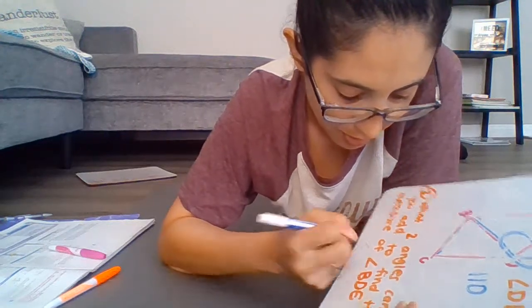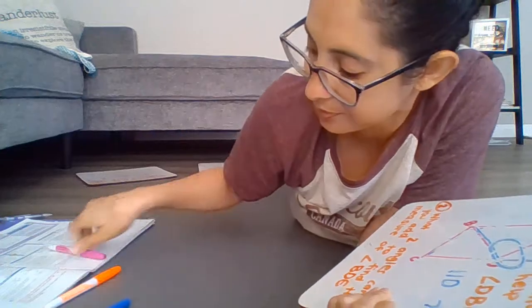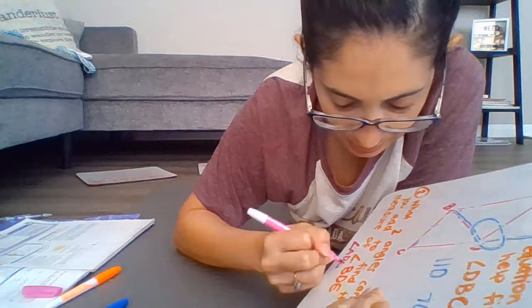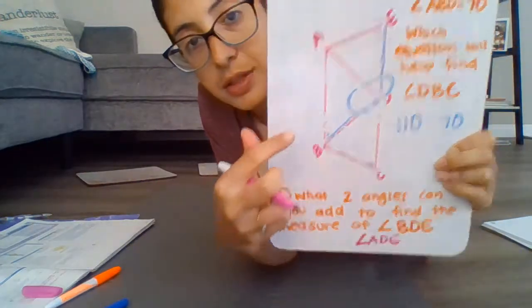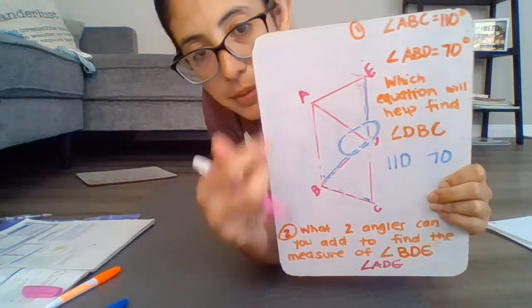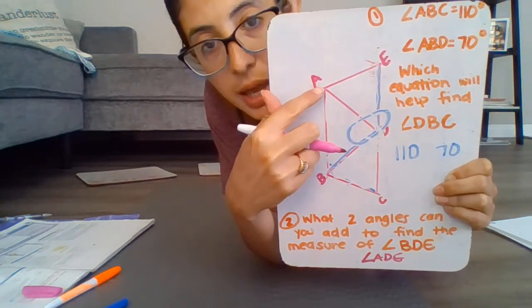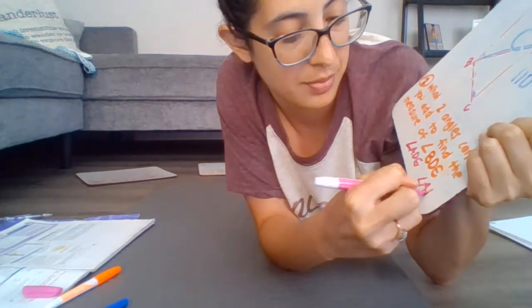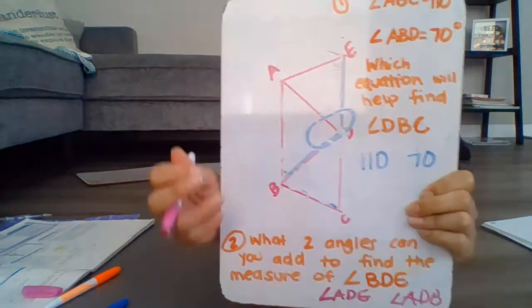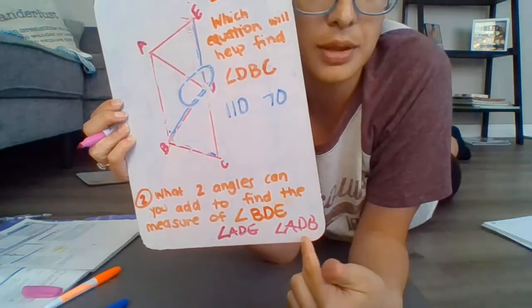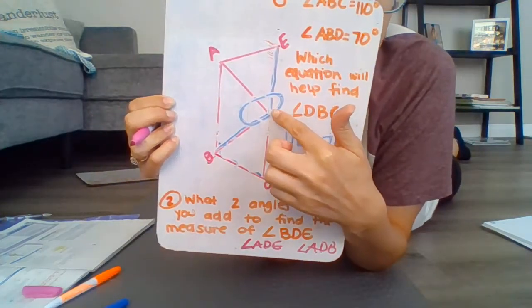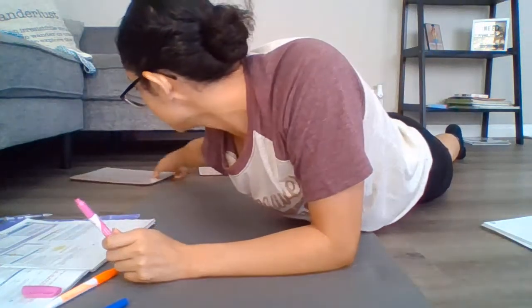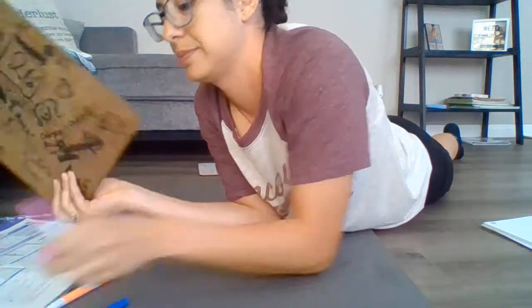Angle ADE is one of your answers, and then the other one can be ADB, as long as your middle letter is the vertex.